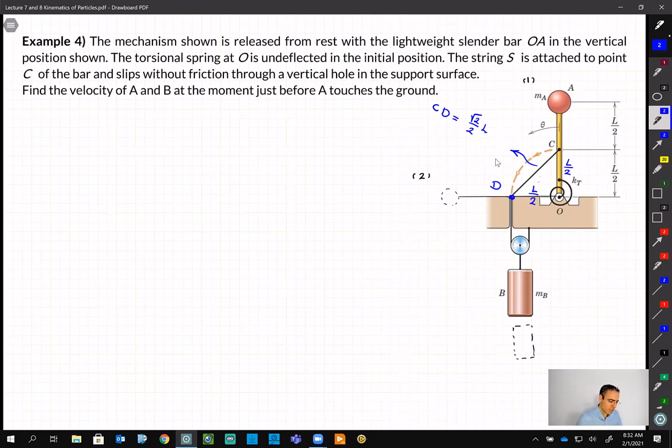There's something else that we need to know, which again, I'm sure you recall from physics. For pulleys, let's say I have a pulley like this, fixed to a ceiling, with a rope passing through it.